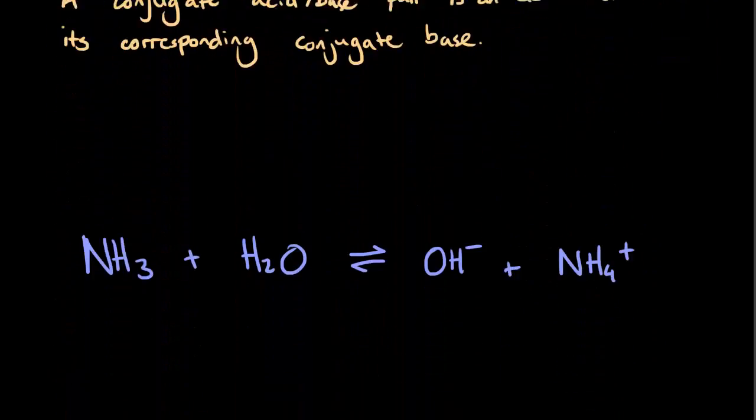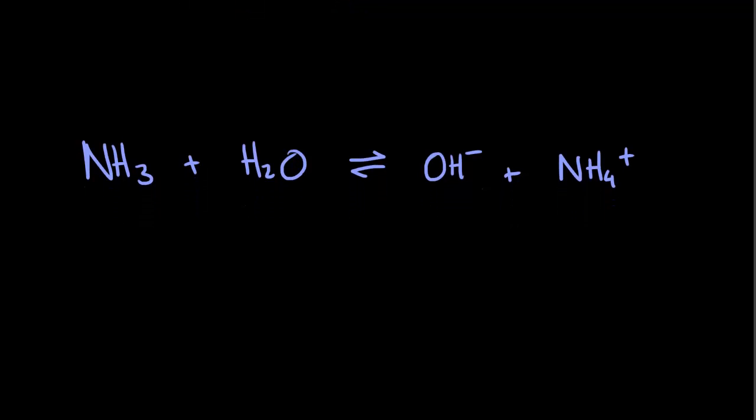You might have to recognize conjugate acids and bases from equations, or give equations to represent a conjugate acid-conjugate base system. So let's have a look at how we would identify the conjugate acids and bases here. Alright, we've got NH3 reacting with water.